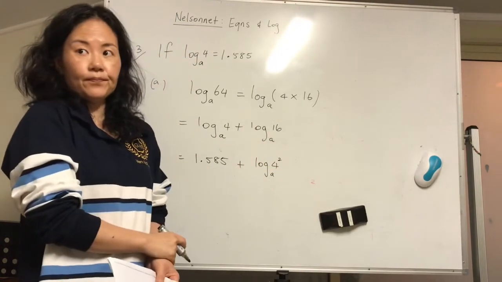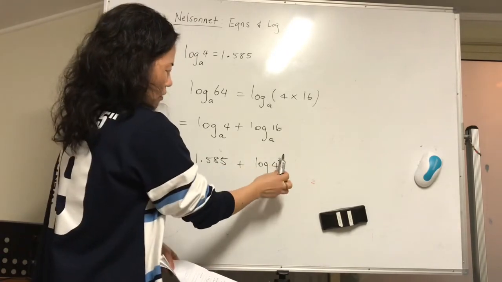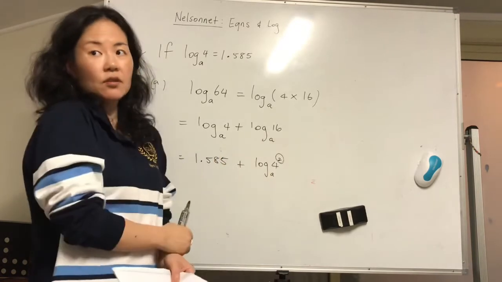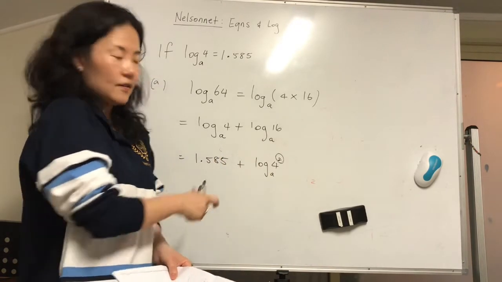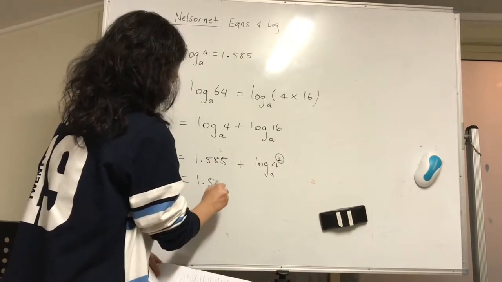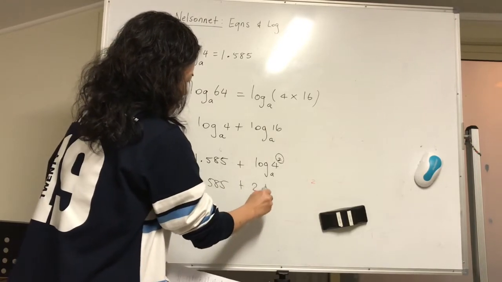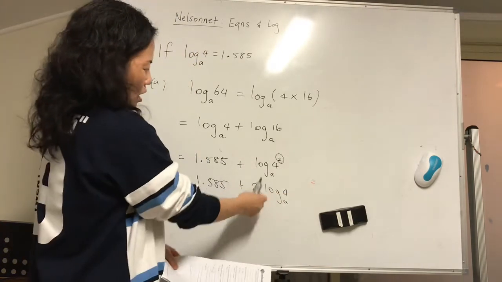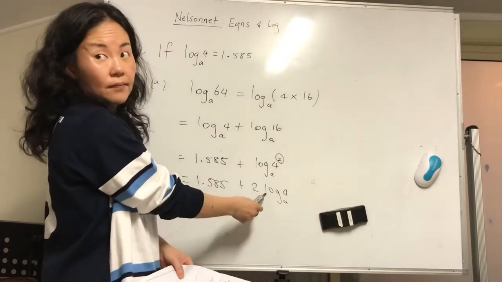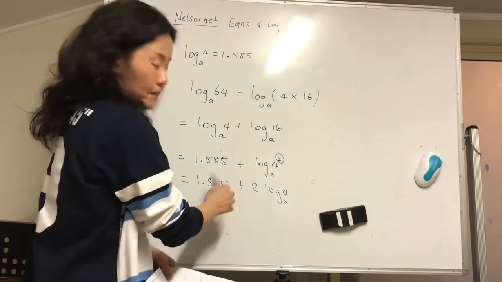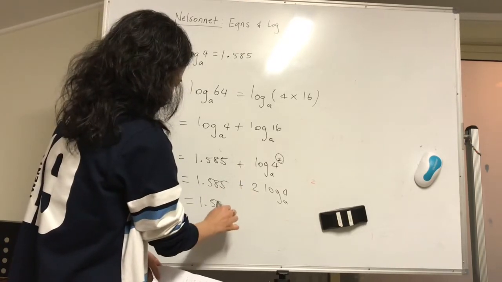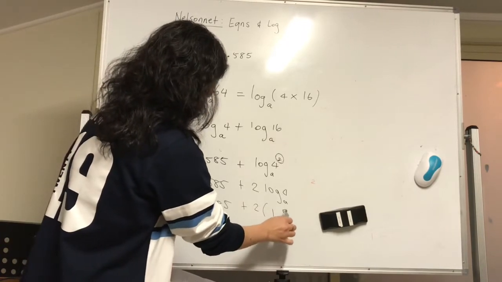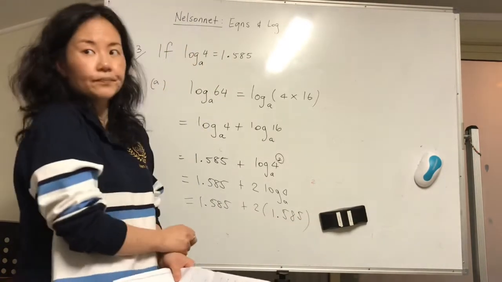So it'll be 4 squared, isn't it? Yep. Now with the log rules, one of them was when you get a power, you can bring it into the front. Yeah. So that becomes 1.585 plus 2 log base A of 4, which I can put into here. So then it'll become 1.585 plus 2 times 1.585.